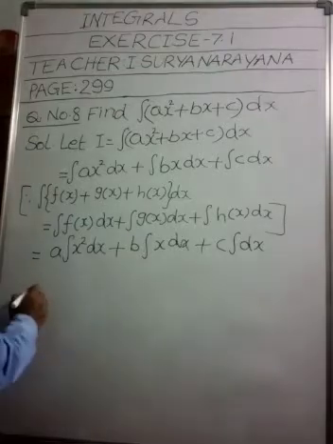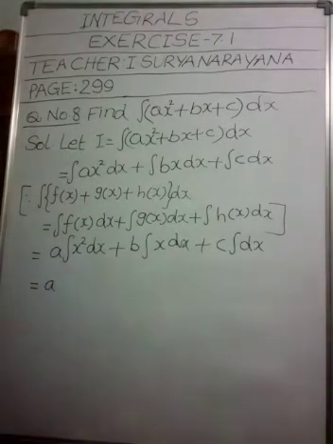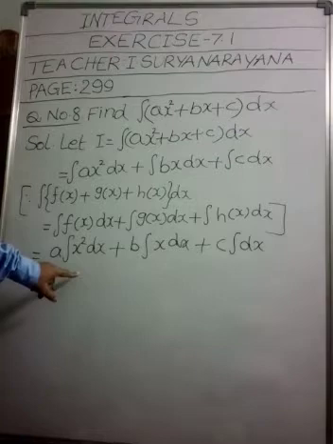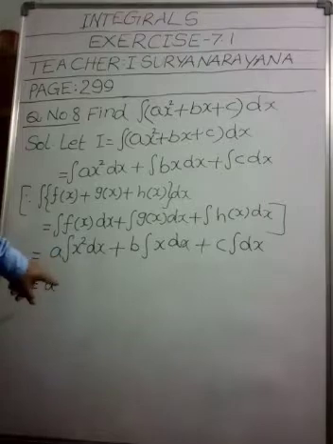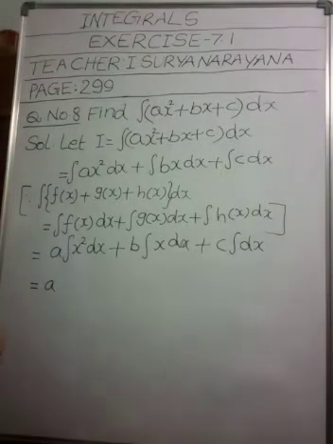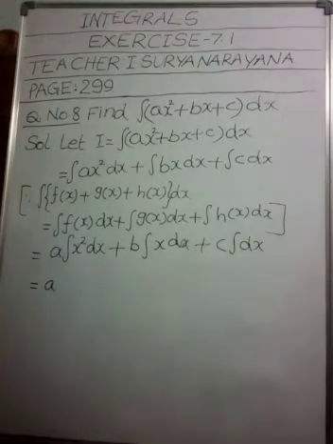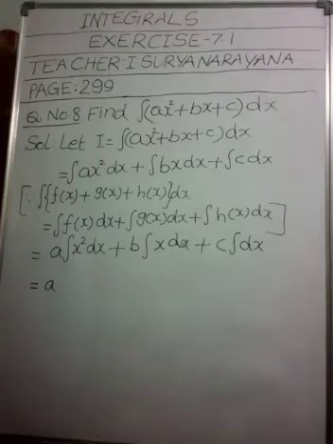Right. This is equal to a into, if you observe this integral, it is in the form of integral x to the power of n dx. We have to find the suitable integral formula. We know that we have learned the integrals of some common functions.